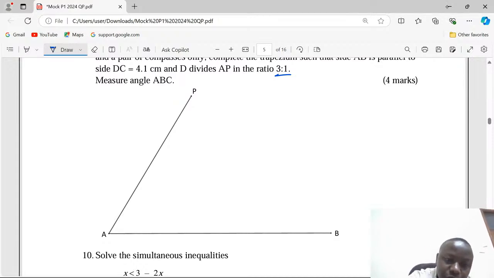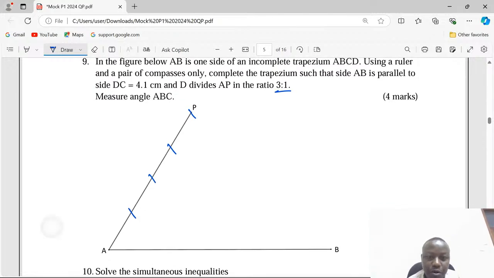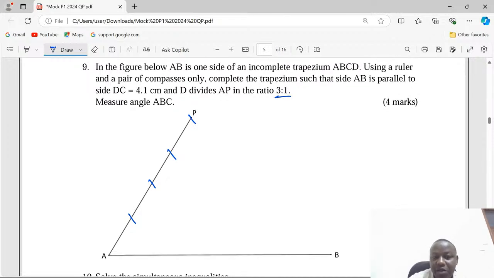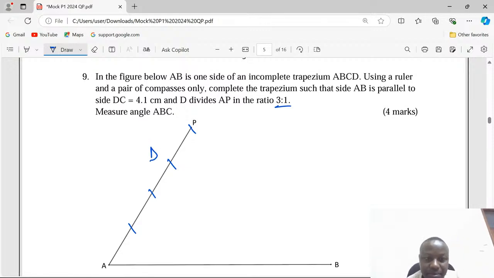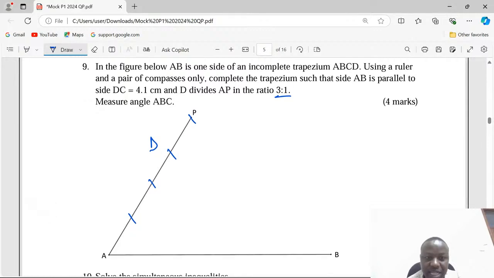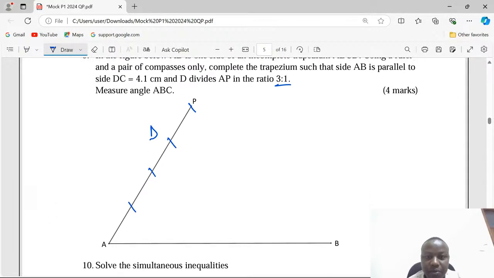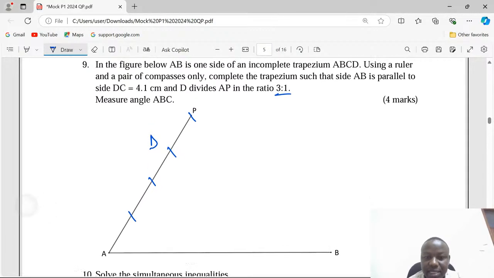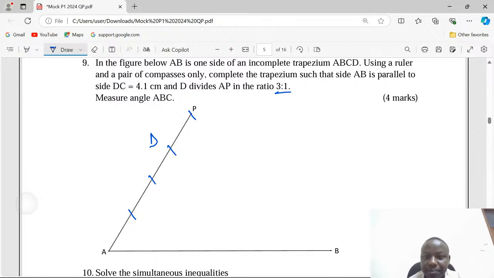So we divide into 4 portions: 1, 2, 3, 4. Then after these 4 proportions on AP, D is dividing it into 3:1. So point D is going to be at this point.